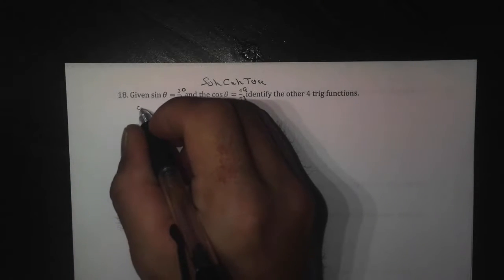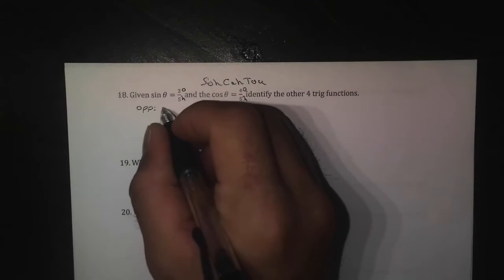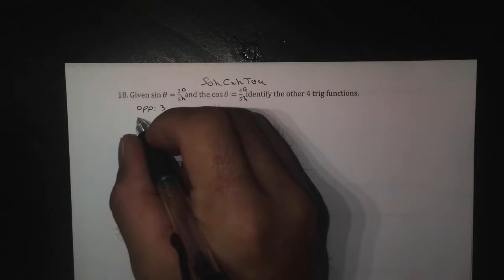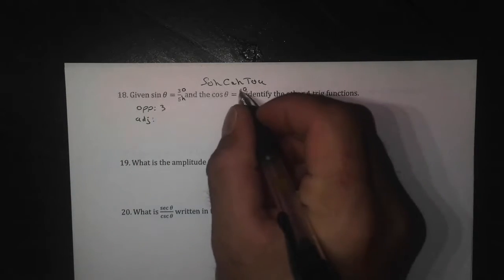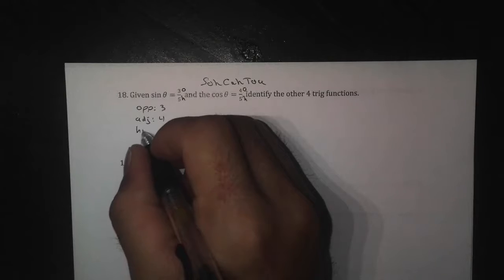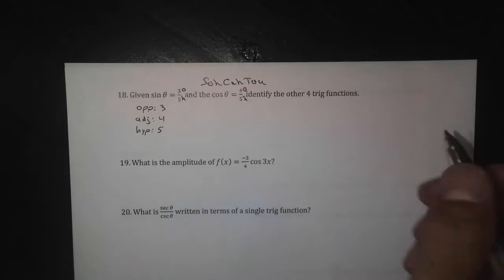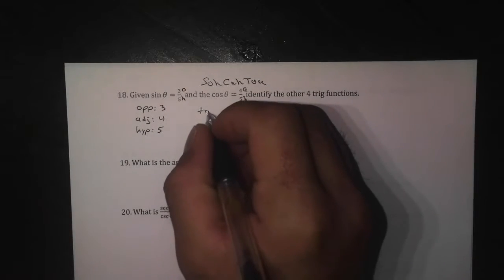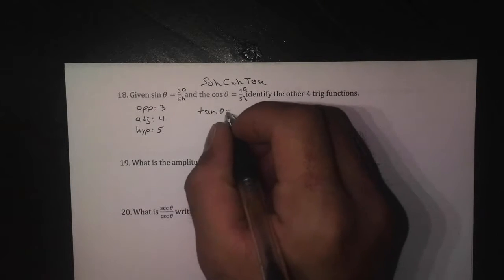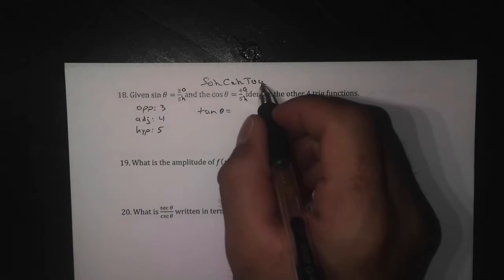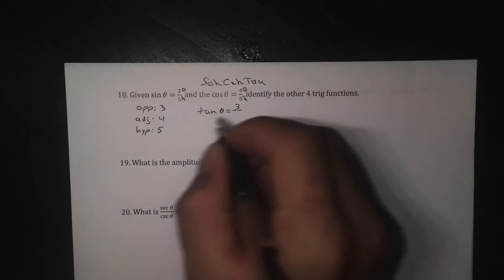So what we discovered is the opposite is 3. The adjacent is what? 4. And the hypotenuse is 5. So we can figure out everything else. Tangent of theta is equal to what? Opposite over adjacent. 3 over 4.